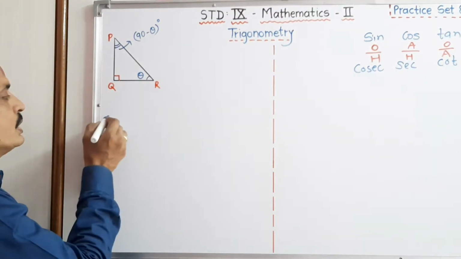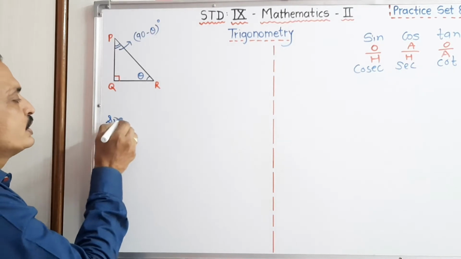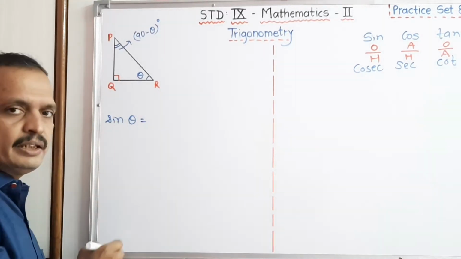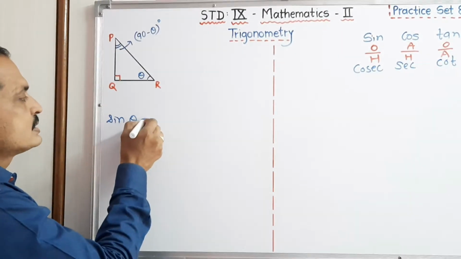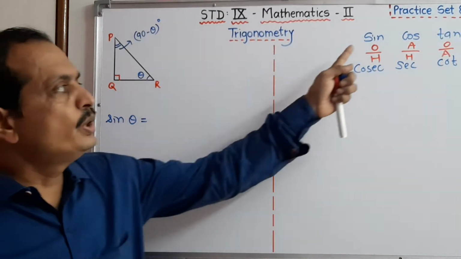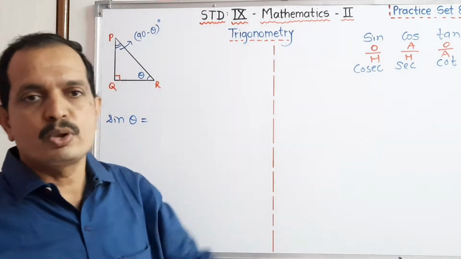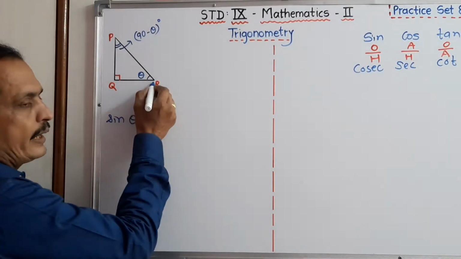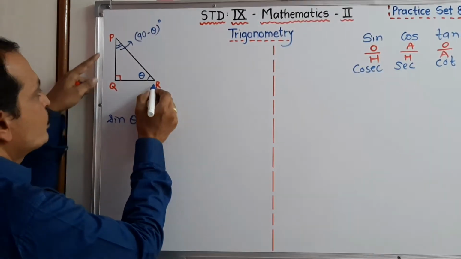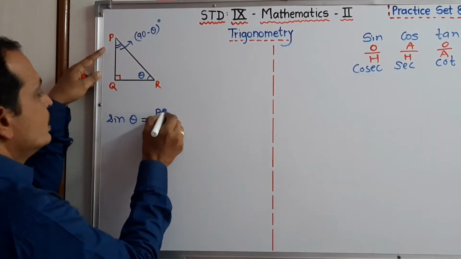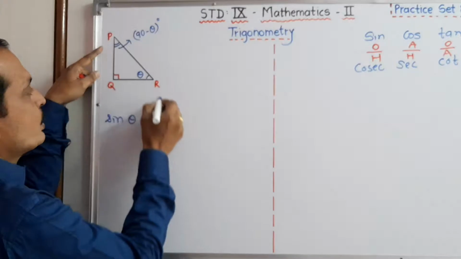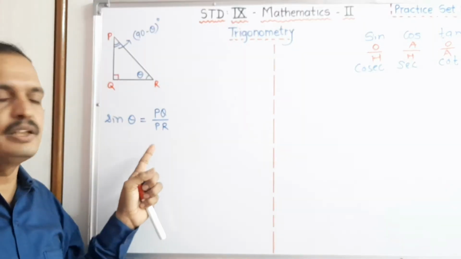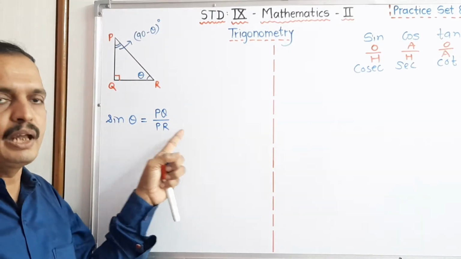Now see dear student, if I have to write sine theta, then sine theta means, we know, opposite side upon hypotenuse. For angle R, the opposite side is PQ and the hypotenuse is PR. Therefore sine theta is PQ upon PR.